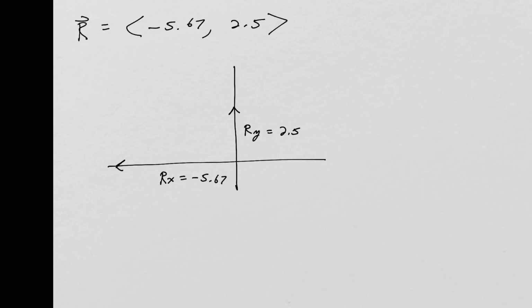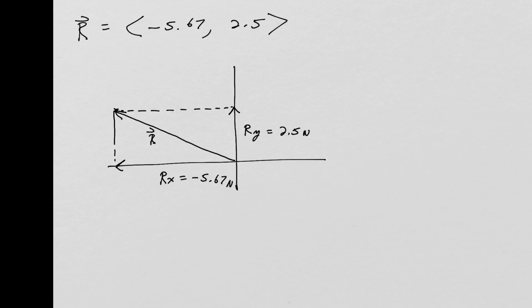These really have units of newtons. So that means that my vector R must have been this vector, right? The only vector that can have those components is this vector that goes from the origin out to here. So that's R.